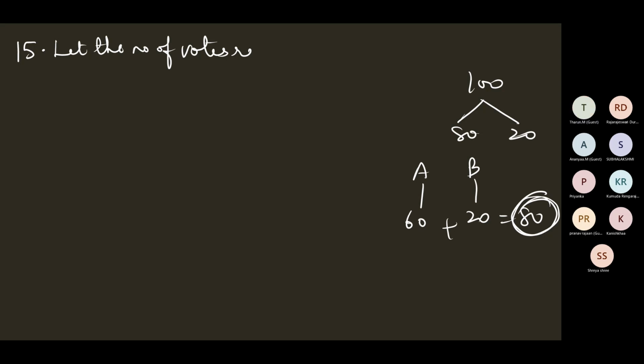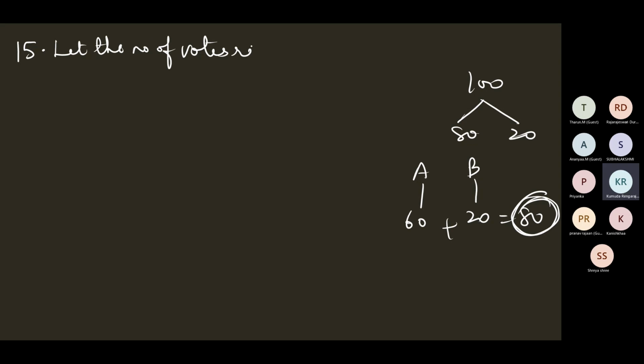Yes, ma'am. So votes received by A plus votes received by B is equal to 80, which is not the total number of people eligible to vote. Only 80 have cast their votes, 20 have not cast. 80 plus 20 is 100.